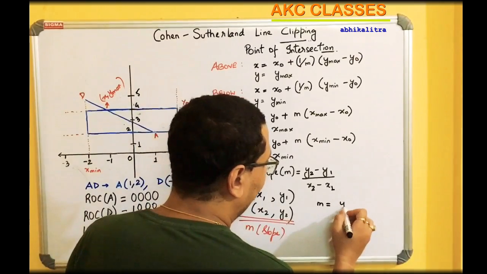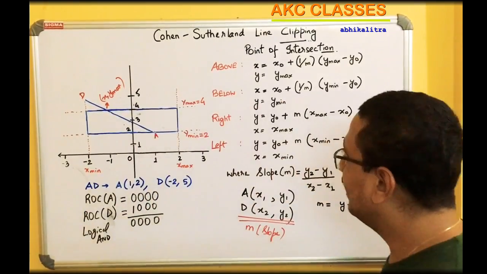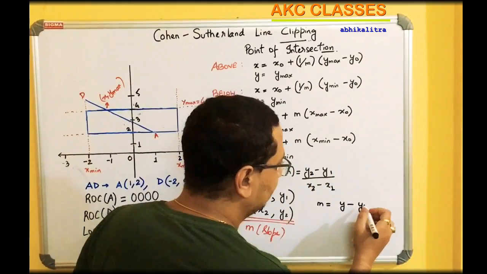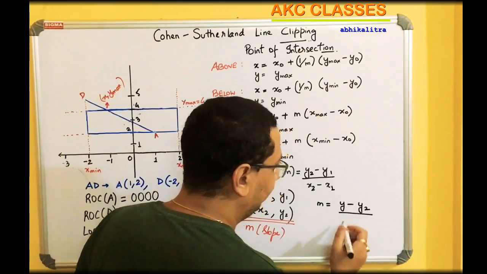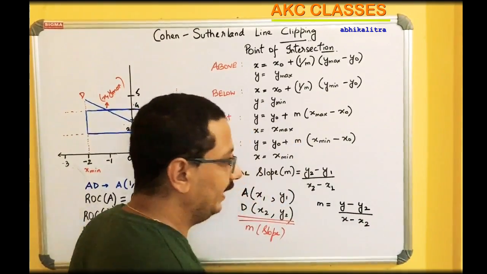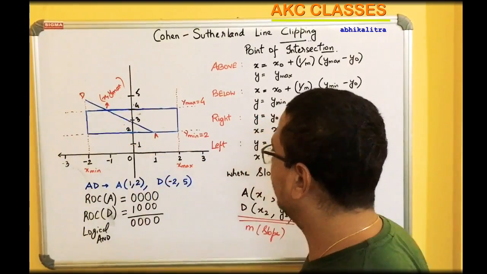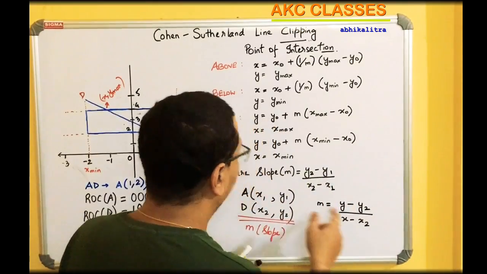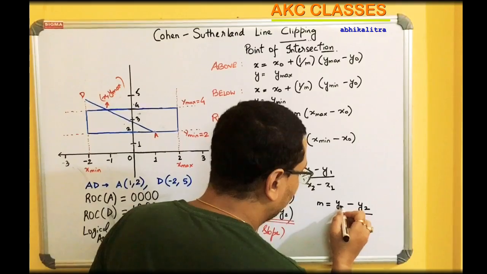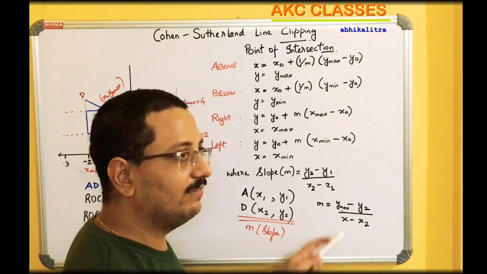So I will consider this point as x2 comma y2. So y minus y2 divided by x minus x2, right? In this particular case, y is basically y max, so we need to find the value of x.